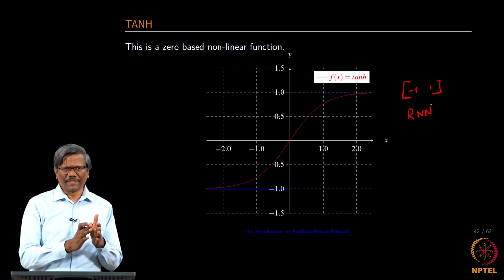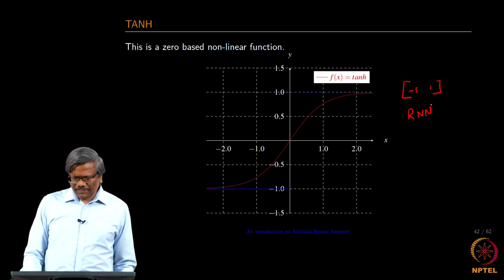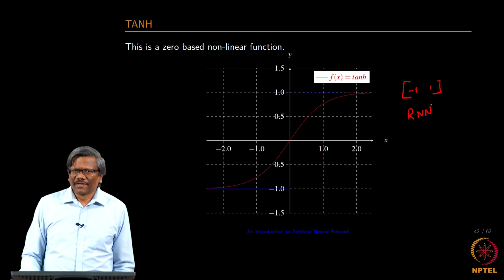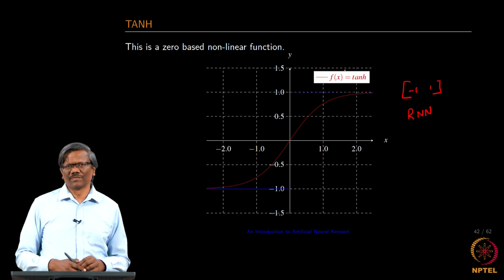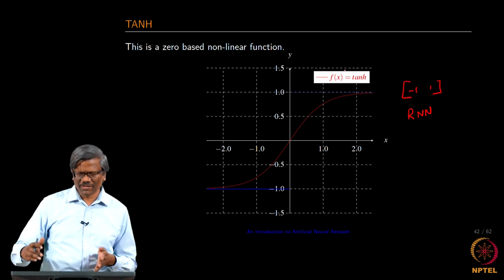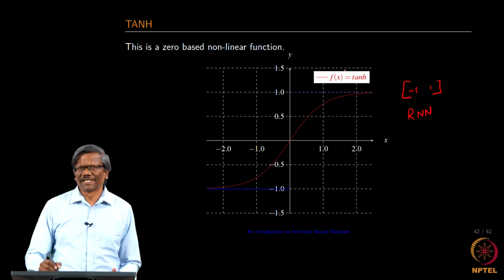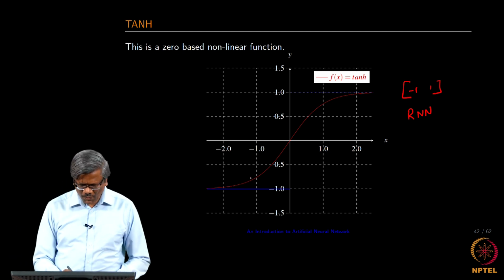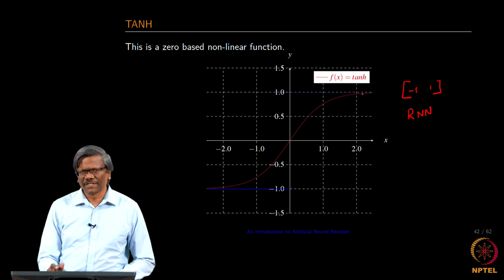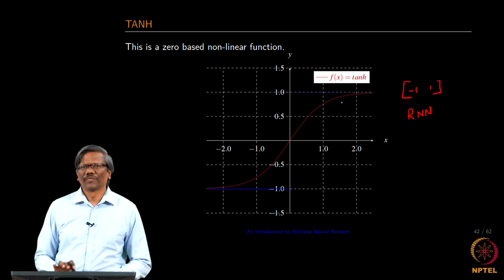In the hidden layer computation, you will notice tanh plays a great role in squashing the values between -1 and +1. So, again you have a function which is differentiable.